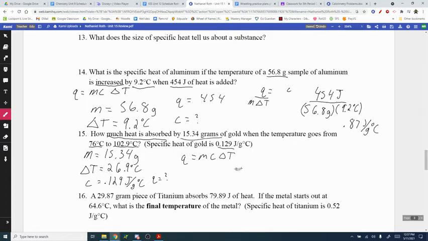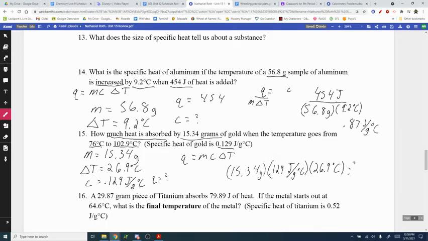So 15.34 grams times 0.129 joules per gram degrees Celsius times 26.9 degrees Celsius.